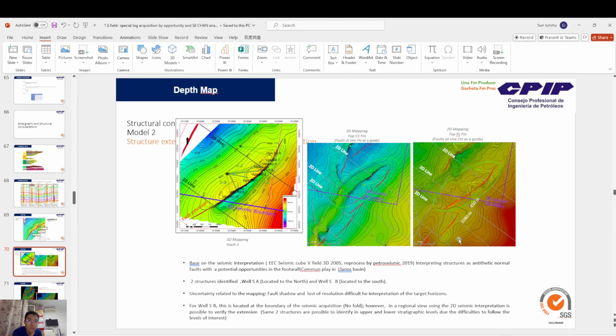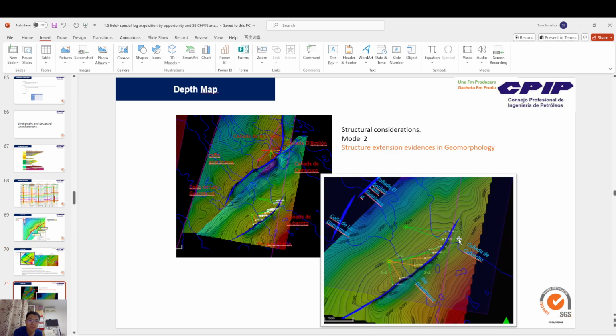However, in the regional review using the 2D seismic interpretation, it's possible to verify the extension. The same two structures are possible to identify in the upper and lower stratigraphic levels, though there are difficulties in following the level of interest.